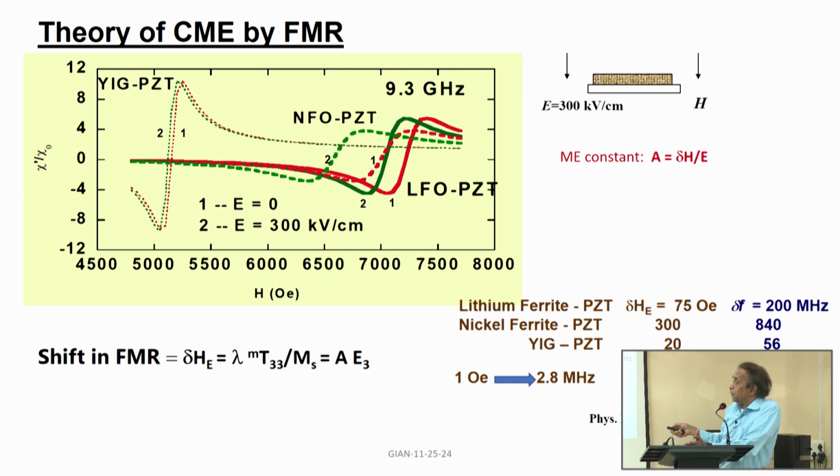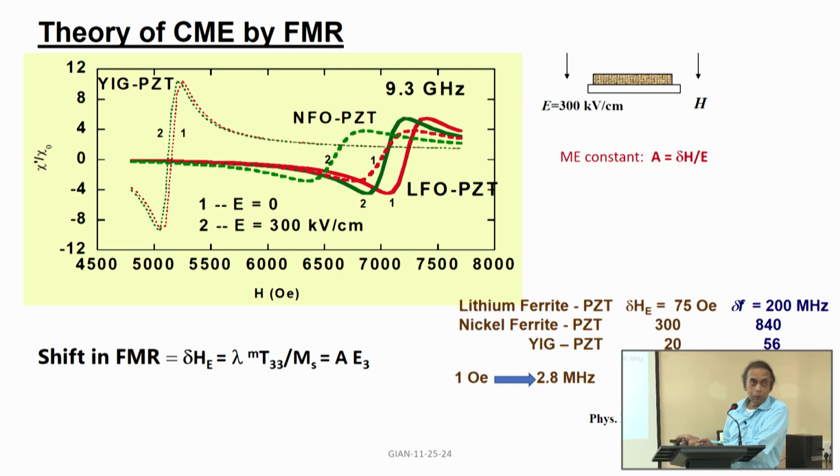So you end up with 0.25 Oersted centimeter per kilovolt for the first one. For the second one, it's nickel ferrite PZT, the shift is 300 Oersted. So the coefficient A would be 1 Oersted centimeter divided by kilovolt. YIG PZT is even much smaller.